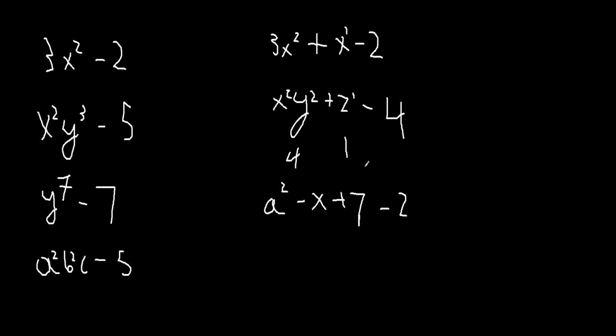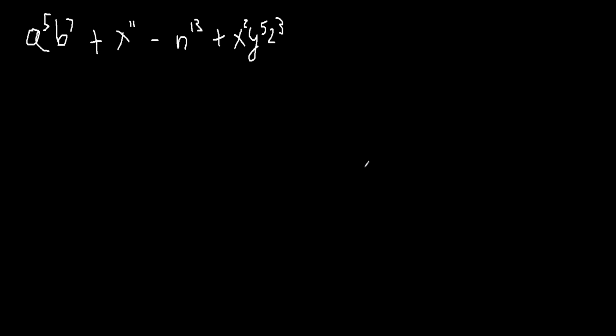In our next example, and this is the final example of the video, we have a four-term polynomial. So as we know, this is the same rule as for monomials and trinomials. We have to identify the degree of each term and look at the term with the highest degree. So our first term has a degree of 5 plus 7, which is 12. Our second term has a degree of 11.